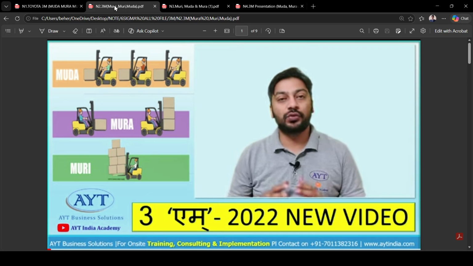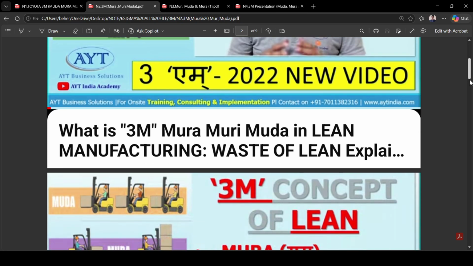See this picture: Muda means three operators and three forklifts. The second one is Mura: one operator holds one material, while another operator lifts three materials. And Muri means overburden: one operator lifts everything. All three are waste.